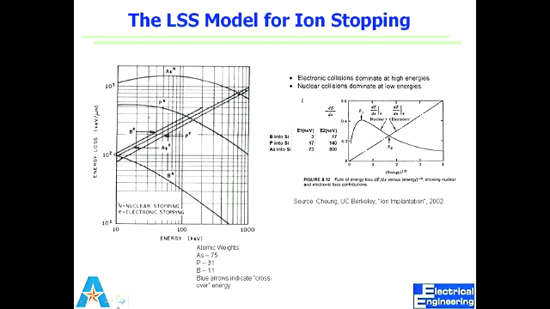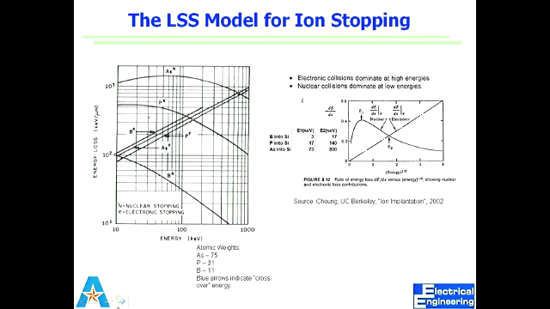This explains it well: you have boron, phosphorus, and arsenic going into silicon. E1, which is nuclear, and E2, which is electronic, have very different behavior for these ions, right? Each has nuclear stopping and electronic stopping.